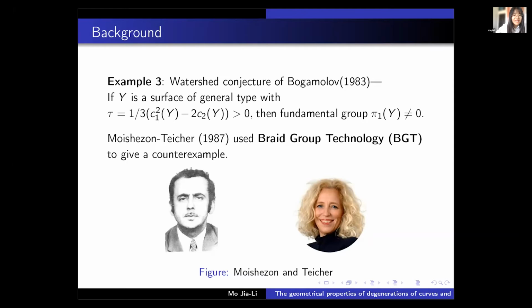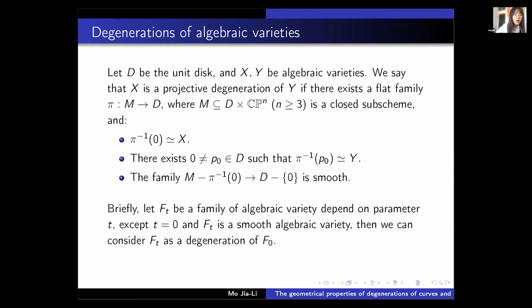Well, that's about it for this part. Right, now I'd like to move on to the second part, degenerations of algebraic varieties. Here is the definition. Let D be the unit disk and X, Y be algebraic varieties.